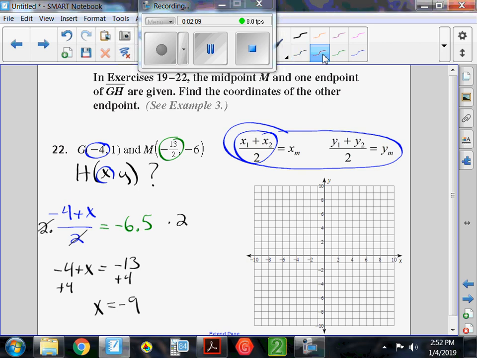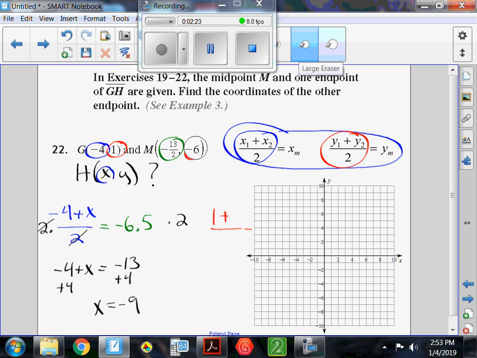Okay, then we'll find the y values. Same thing, we're going to take the average of the y's. So y plus y divided by 2. That's 1 plus y divided by 2, and that's going to equal -6.